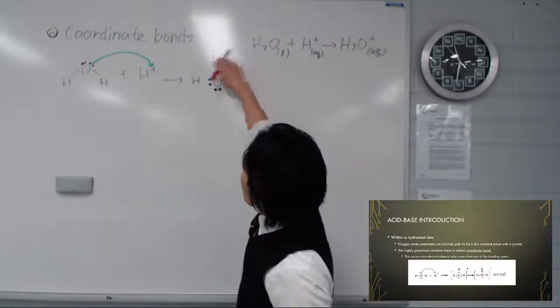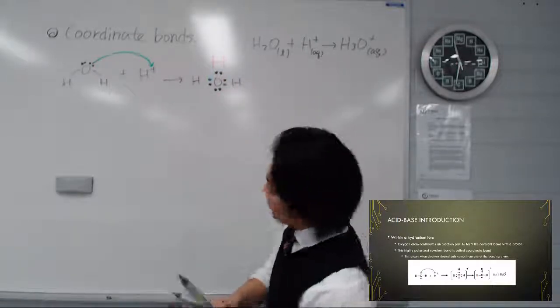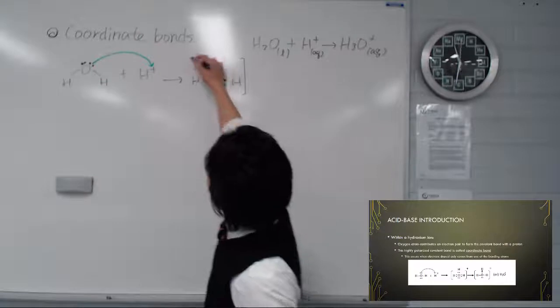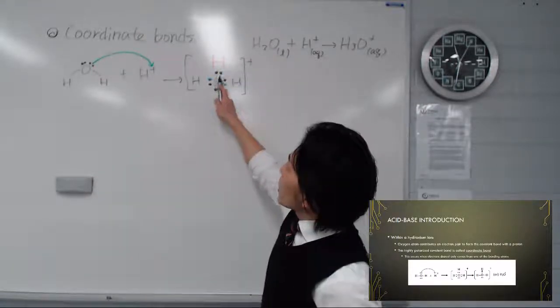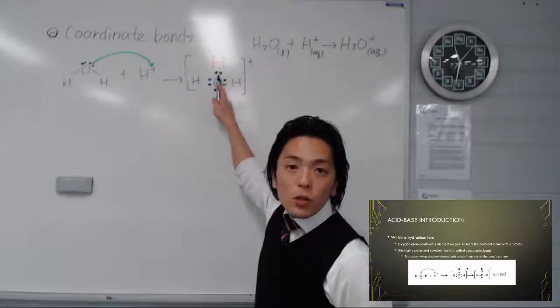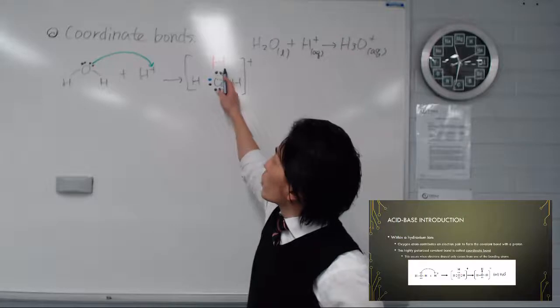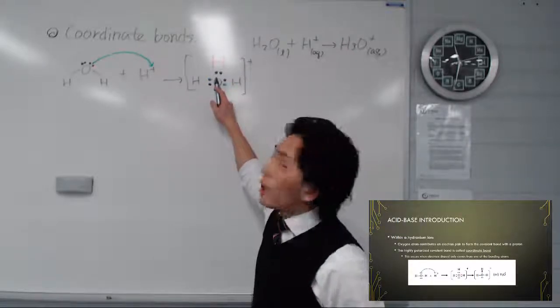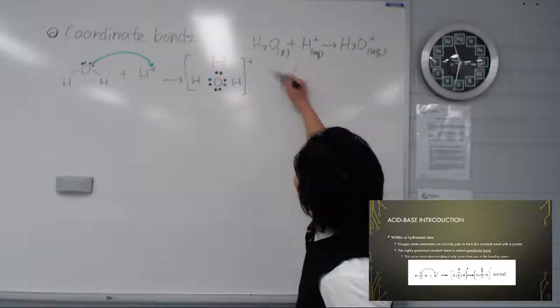Whereas H+, which became a part of this whole thing here, would bring in an extra positive charge. And as you can see here, the electron pair is only shared from one side of the bond. So oxygen is the only thing contributing to make this bond happen. This bond here is called the coordinate bond.